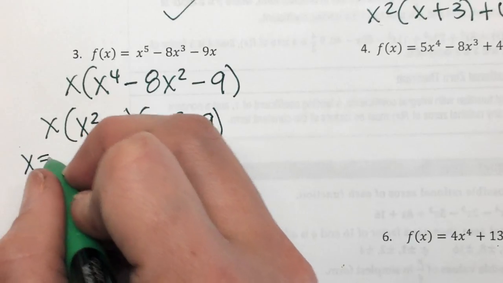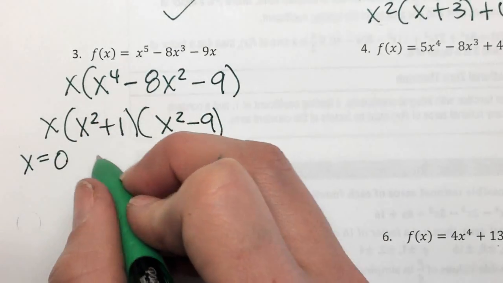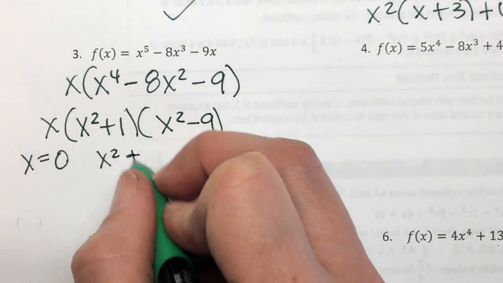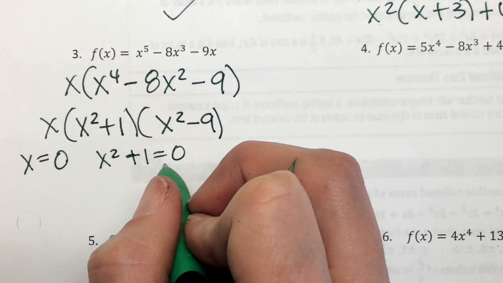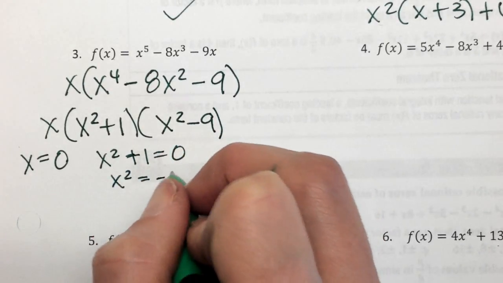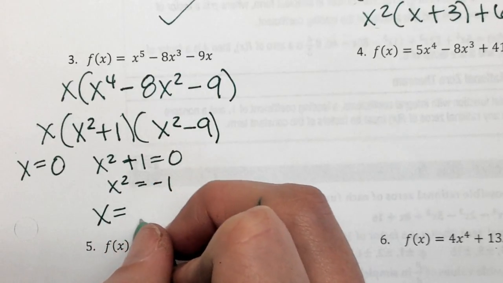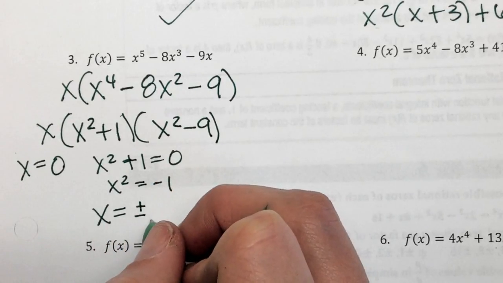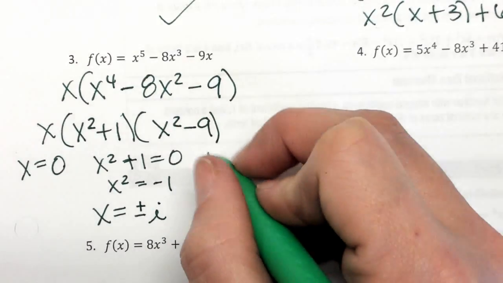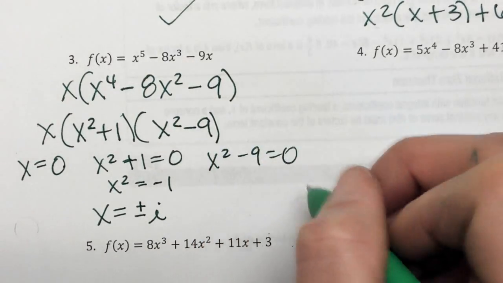Alright, my first one's going to be x equals. Alright, this one when I set equal to 0, I would have to do what first? Subtract 1. So x equals. Good. This one when I set equal to 0, I'd have to do what?